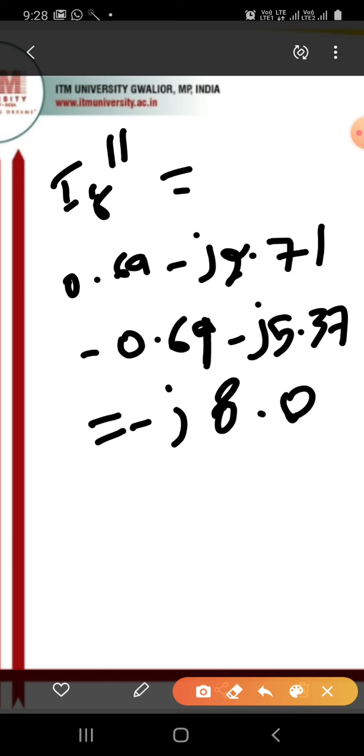If I want to calculate the base value of If double dash, then I multiply by the base current value, which is 1312. Already we have derived this.